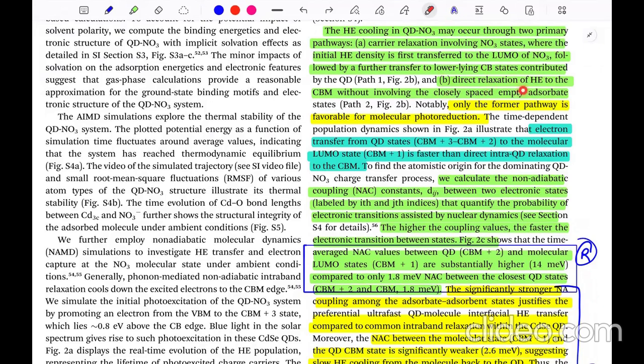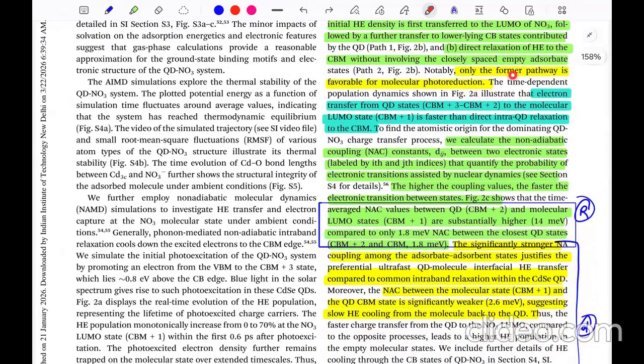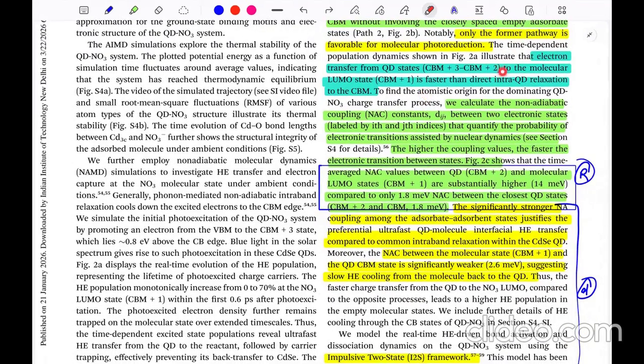Second is direct relaxation of the hot electron to the conduction band minima of the quantum dot without involving the closely spaced adsorbed state. Only the former pathway, hot carrier relaxation involving the NO3 molecular state, is favorable for molecular photoreduction. Here, electron transfer from the quantum dot state to the molecular states is faster.